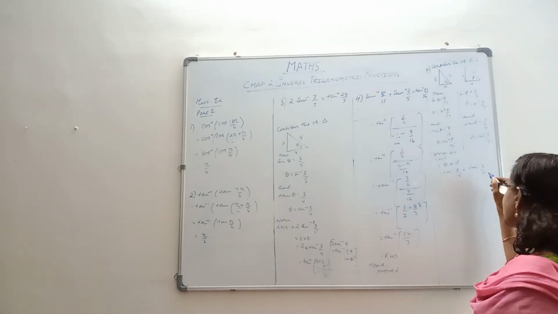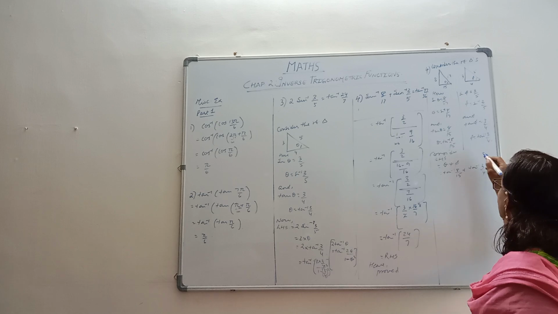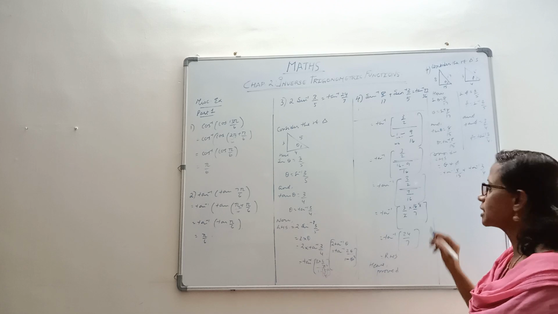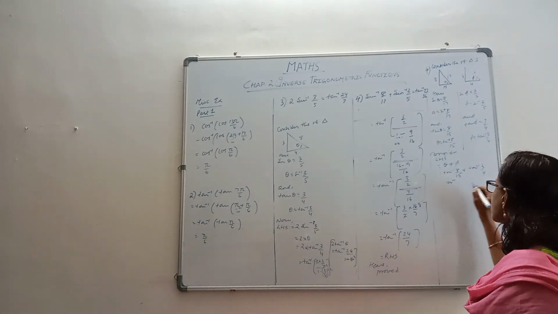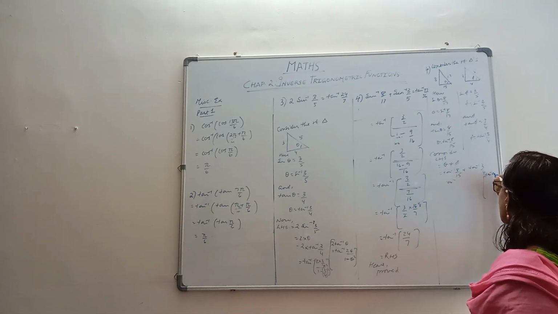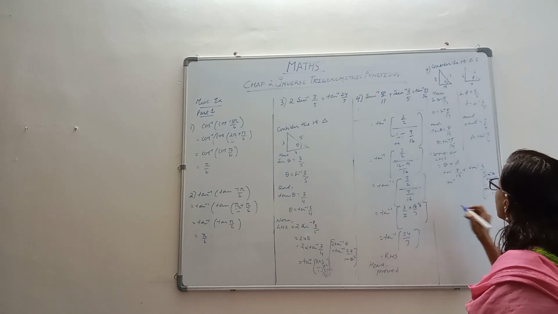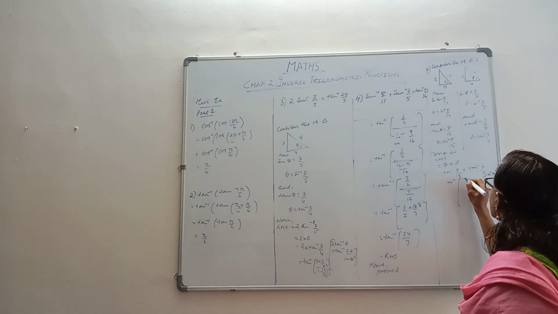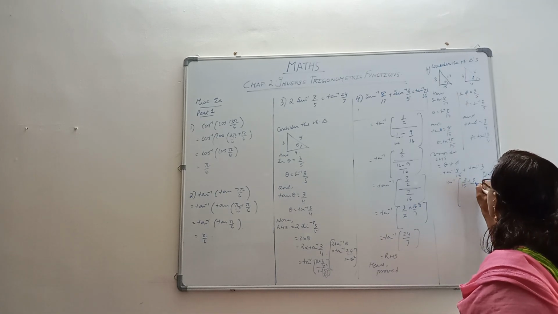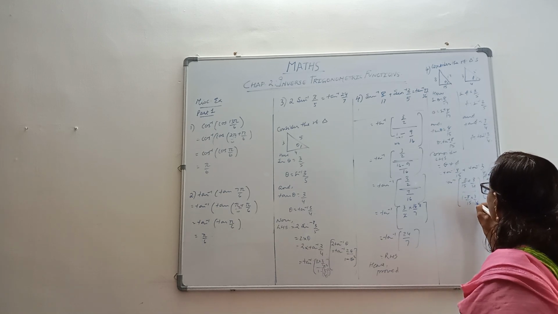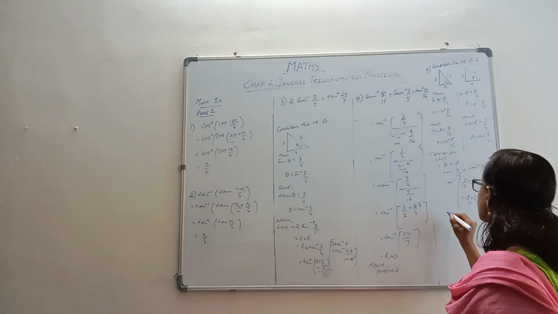We had the formula for tan inverse of A plus tan inverse of B: it is tan inverse of A plus B by 1 minus AB. So we get tan inverse of 8 by 15 plus 3 by 4 over 1 minus 8 by 15 into 3 by 4. Let's solve this and see what's coming.